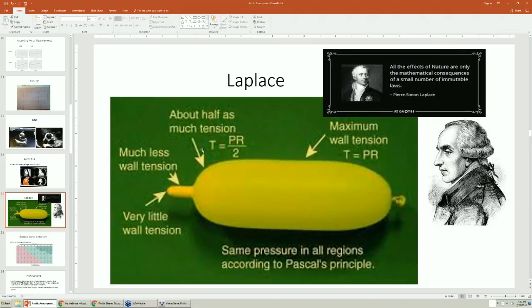And then if we decrease the number of poundings per minute, that means decrease the heart rate. We can use a beta blocker for that, or we can use a drug called ivabradine and decrease the heart rate, and so there's less pounding per minute, and so there should be less chance of rupturing the aneurysm.